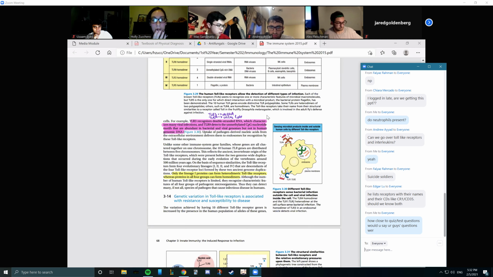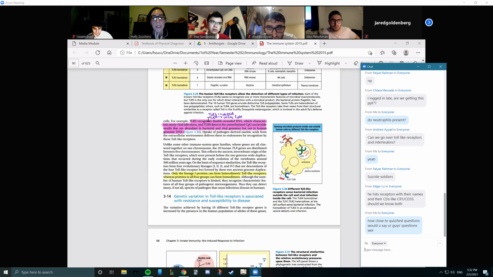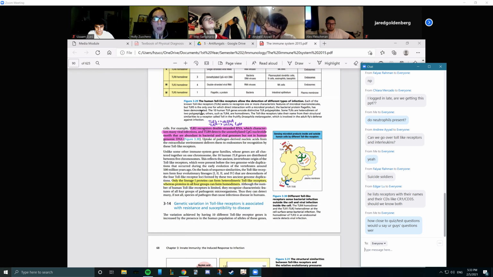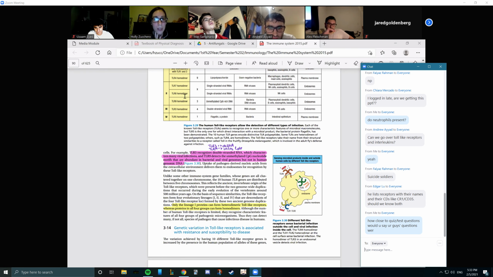Hold on, let me find a better way to explain this. Like this caption says here, they recognize characteristics of whichever type of thing they're going to attack. So some of them, like TLR3, go after double-stranded DNA. TLR8 goes after single-stranded RNA.